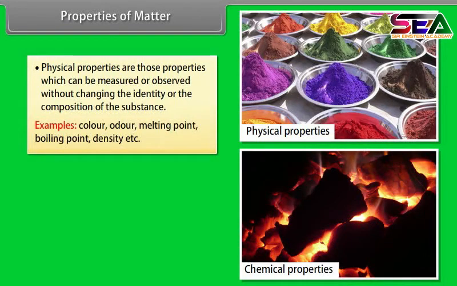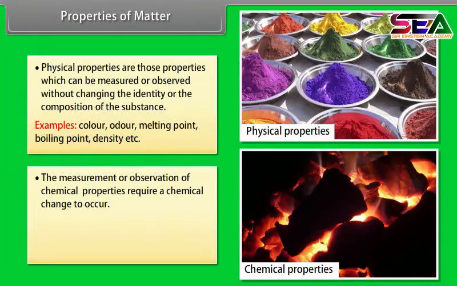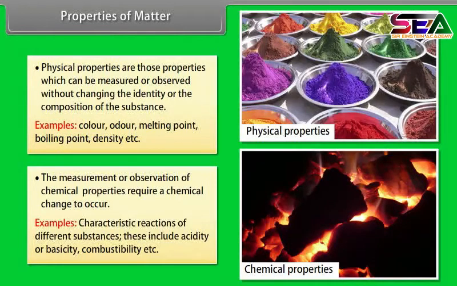Examples: color, odor, melting point, boiling point, density, etc. The measurement or observation of chemical properties requires a chemical change to occur. Examples: characteristic reactions of different substances. These include acidity or basicity, combustibility, etc.